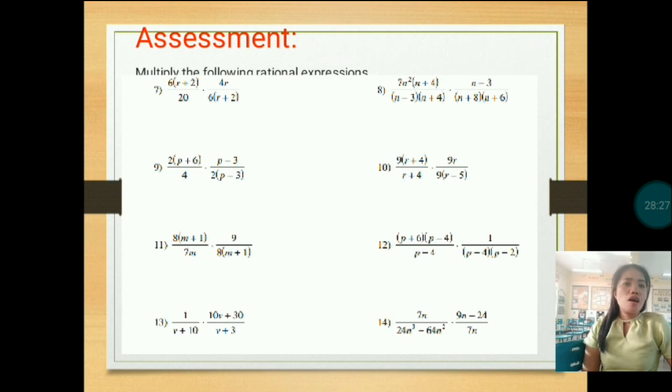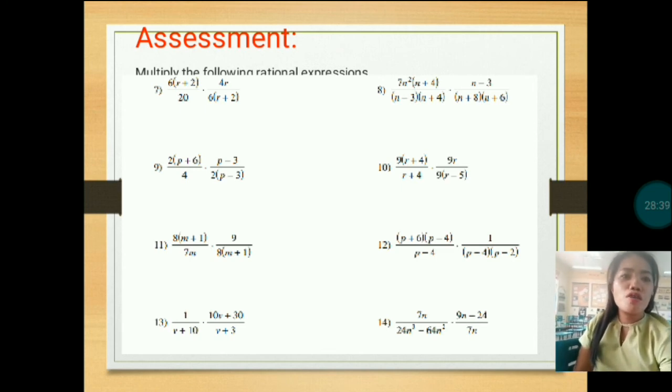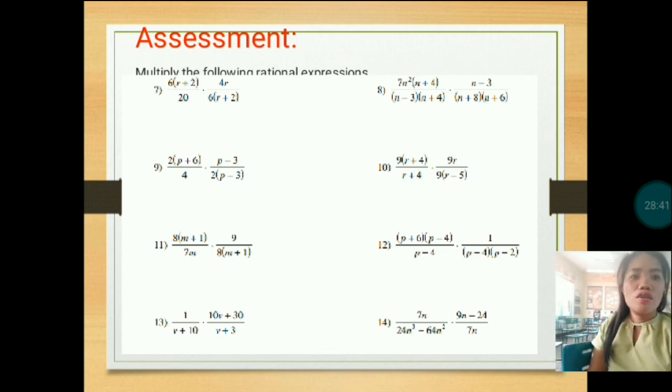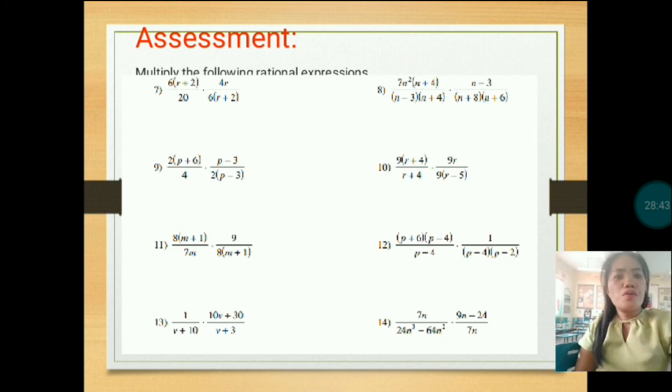Now this time we will have an assessment. Now in your assessment, the first part, you'll start at number 7 because the numbers from 1 to 6 are very simple. So we just have number 7 to 14. So I am going to read all.